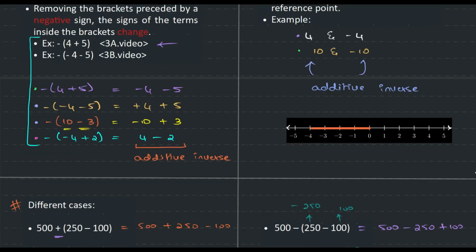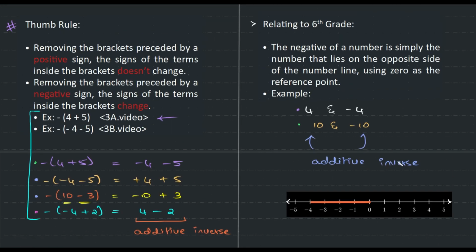Again, this has to do with the additive inverse concept. Two numbers are said to be additive inverses of each other when we add them and get 0. If I have 10 rupees and give away 10 rupees, I have 0. If I have 4 apples and I give away 4 apples, I have none, right?